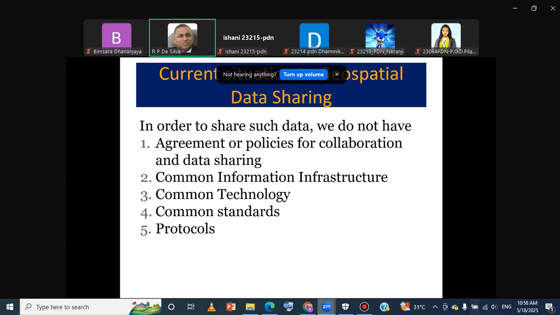So we don't have this information and communication infrastructure. We don't have a common technology. Technologies are scattered.